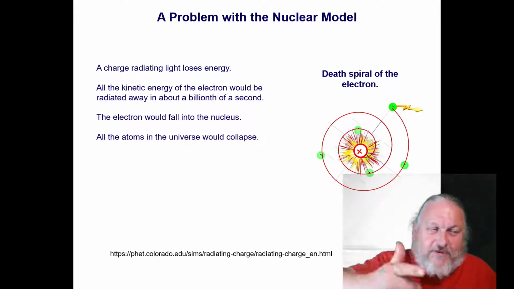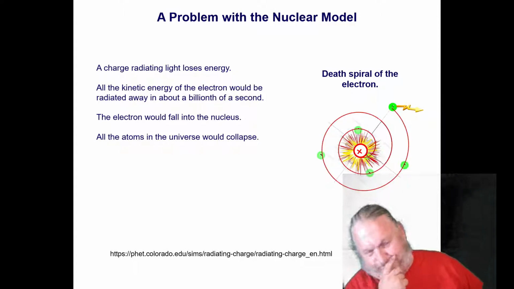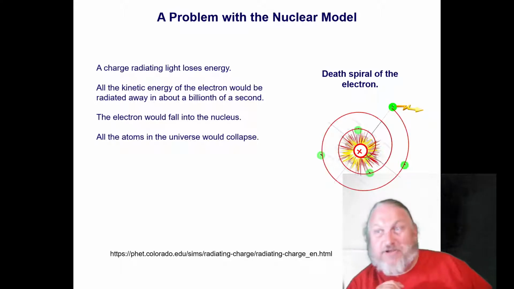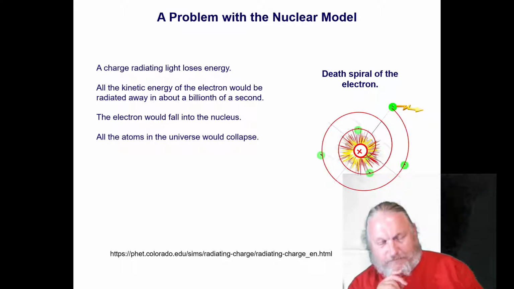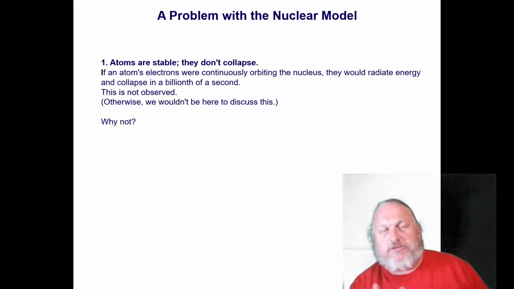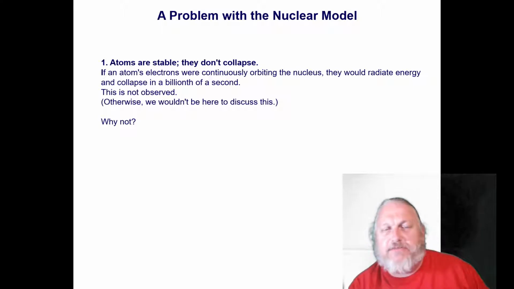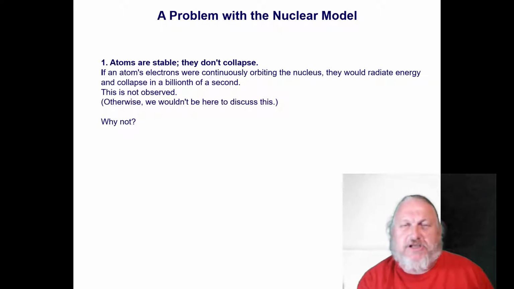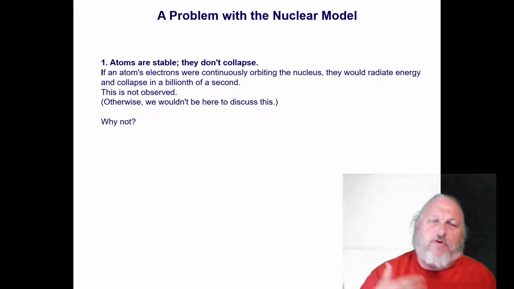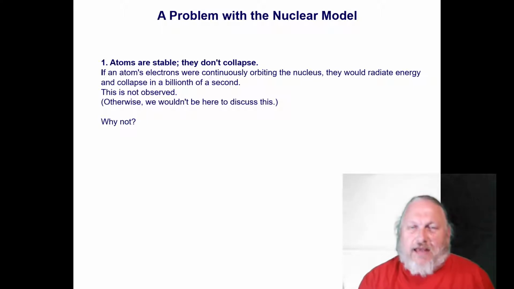Has the universe collapsed yet? No, I'm talking to you. So we know that atoms are stable, they don't collapse. So if an atom's electrons were continuously orbiting the nucleus, they're going to radiate energy and collapse in 1/1000th of a second. So we don't see that.